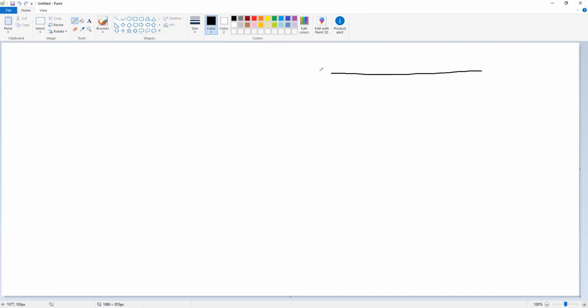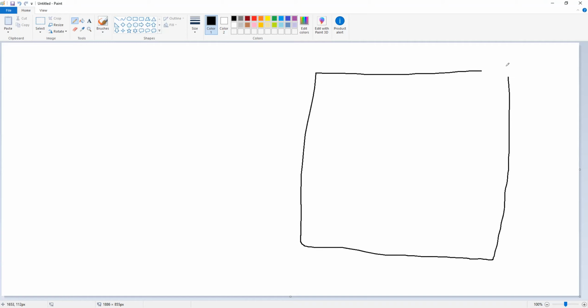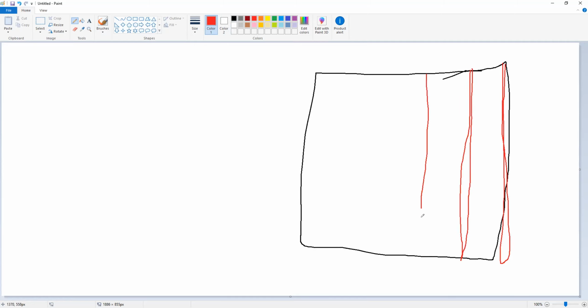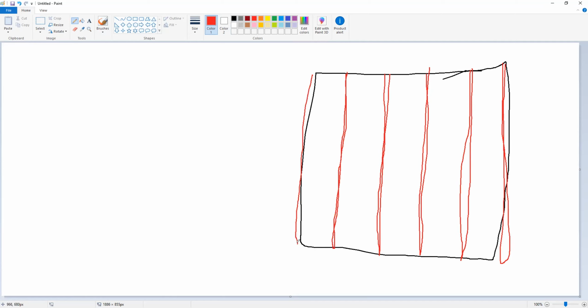Similarly, if we have this plan and this is our Berlin arrangement, the red lines are the Berlins. Sorry, my drawing is not good. So this is the arrangement and the red lines are Berlins. As you can see, these are the spacings between each of them.